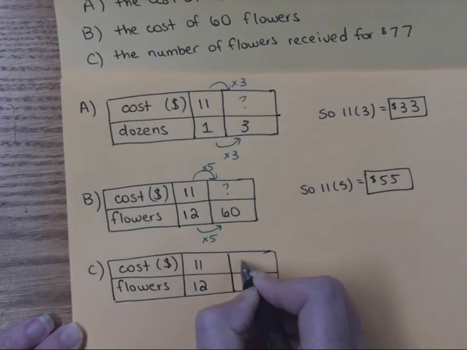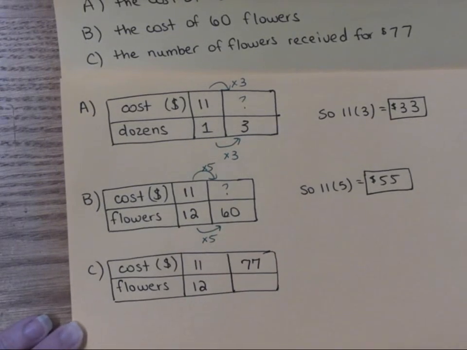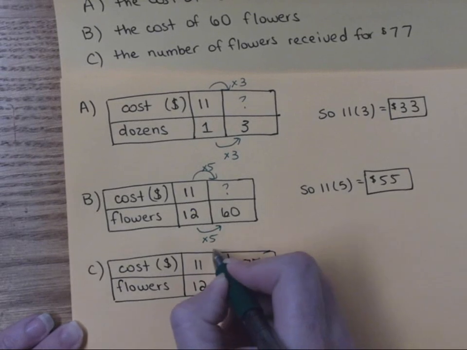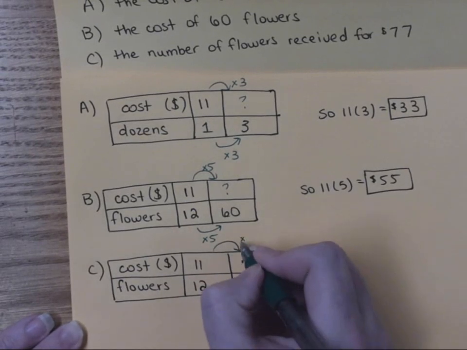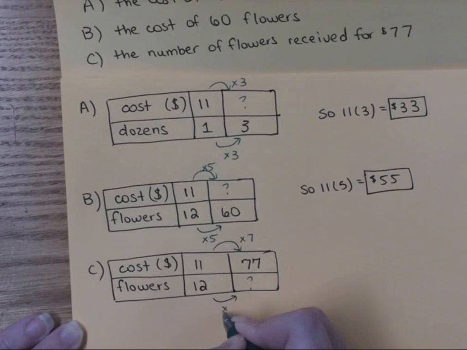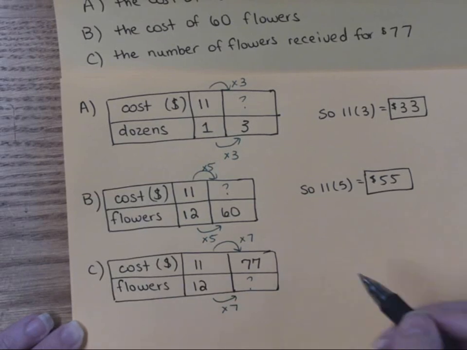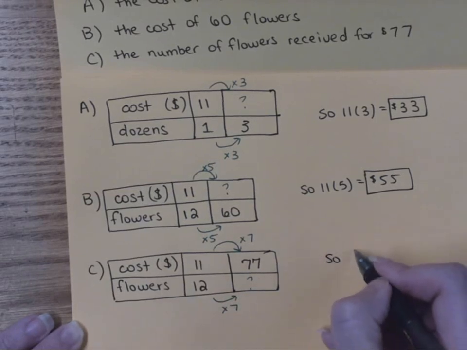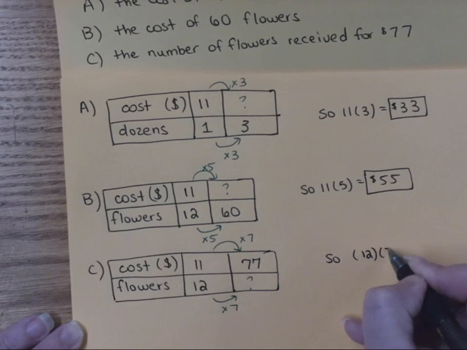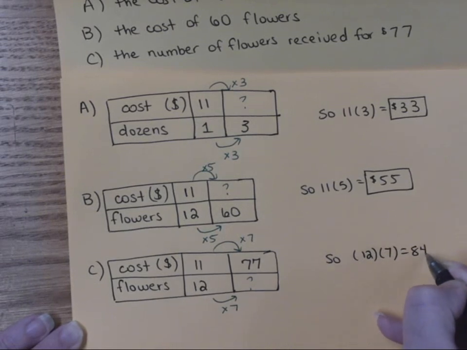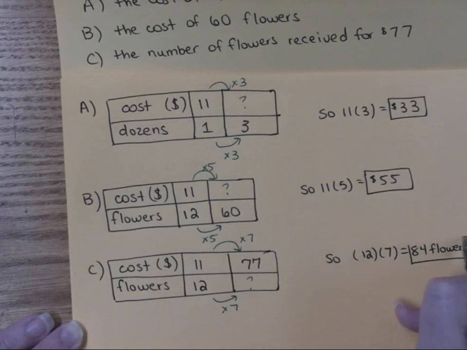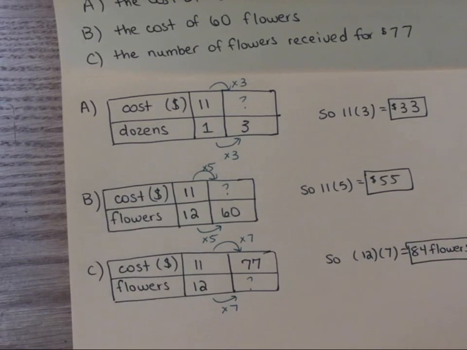So $77 is what I have. This is my unknown this time. So to get from 11 to 77, we multiply by 7. So in the end, we get 12 times 7, or 84 flowers. Again, make sure you label what the measurement is, or what the unit is.